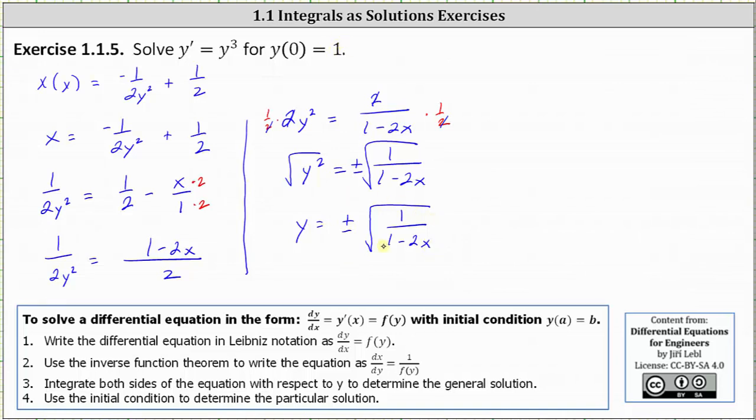So looking at our solution here, if x is equal to 0, notice how we have plus or minus the square root of 1, but the function value has to be positive 1, and therefore our particular solution is only the principal or positive square root. The particular solution to the given differential equation with the initial condition is y of x equals the principal or positive square root of the quotient of 1 and the quantity 1 minus 2x.